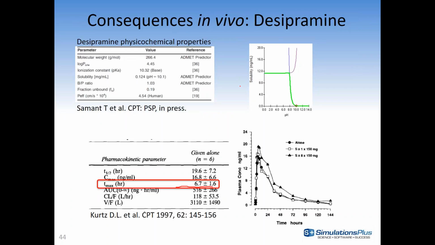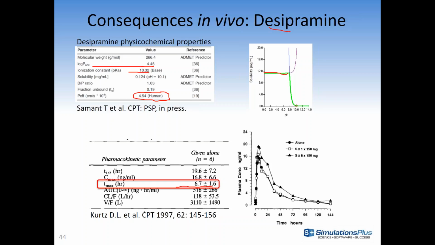And this is showing a snapshot of properties and some of the PK parameters for desipramine, which again is a lipophilic, strong base, which by any account, looking at the solubility of the compound throughout the intestine and looking at the permeability, and this was one of the compounds for which actual human jejunal permeability was measured, this should be a BCS class 1 compound.